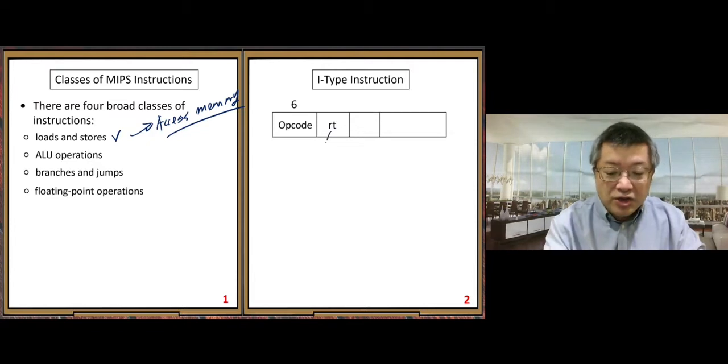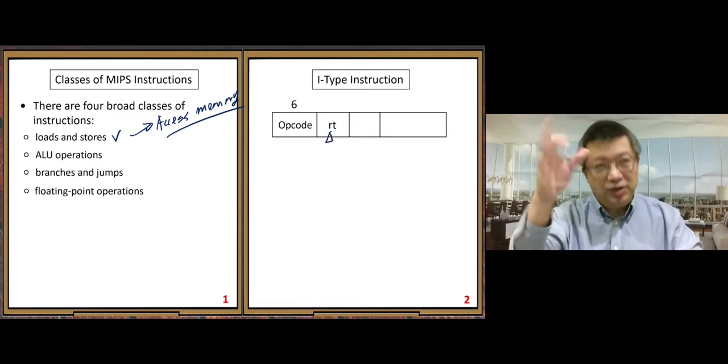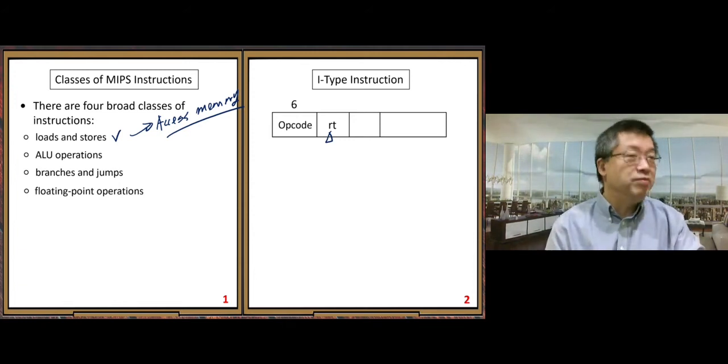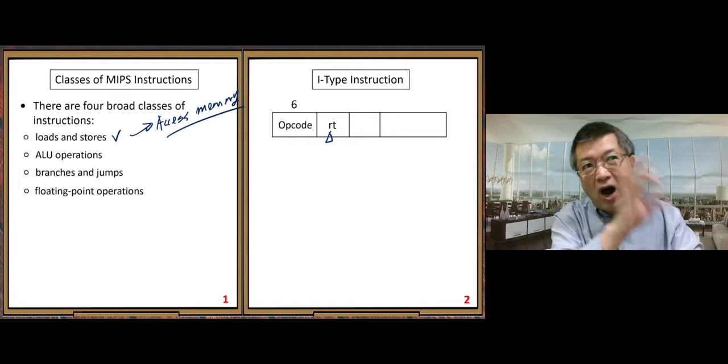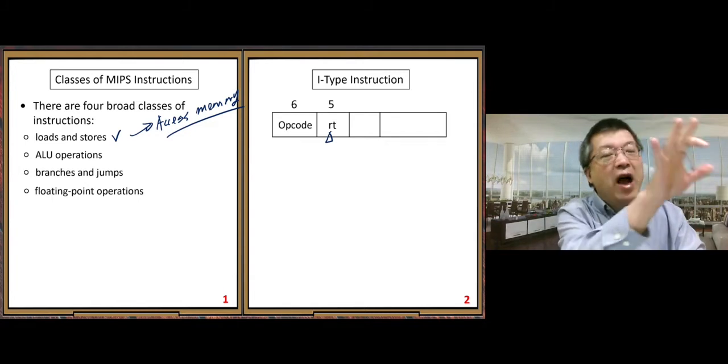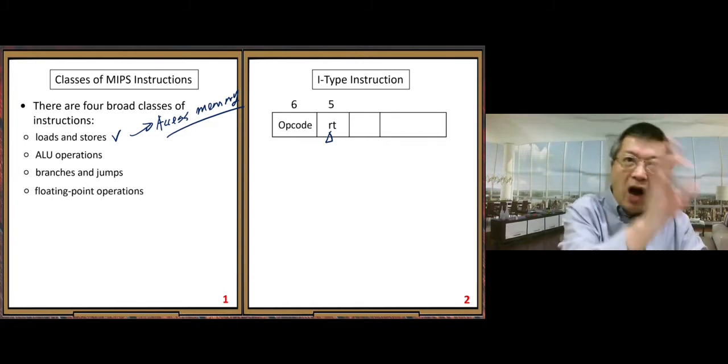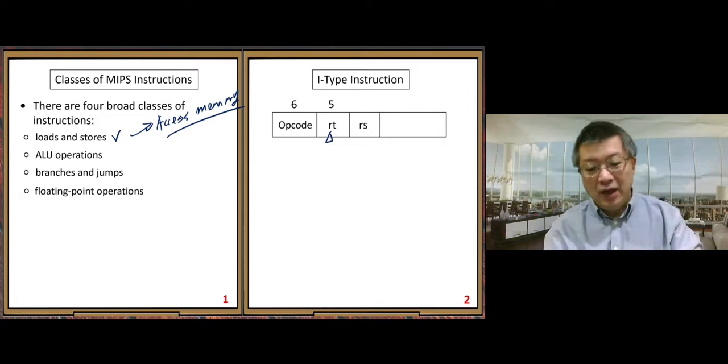R means register, and T is just a special reference. The RT field is a register location, 5 bits. Another 5 bits are for the RS field.